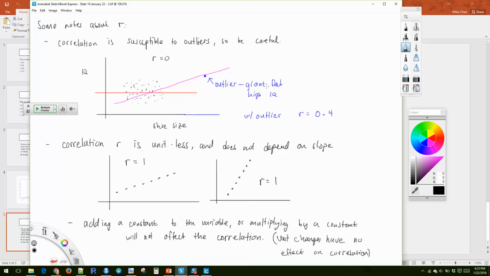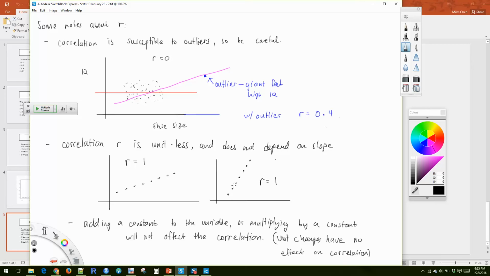Because almost all unit changes involve multiplication by a constant or addition of a constant. So even Celsius to Fahrenheit, it's just addition and multiplication. So that will not affect your correlation.